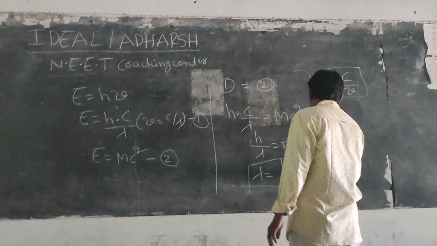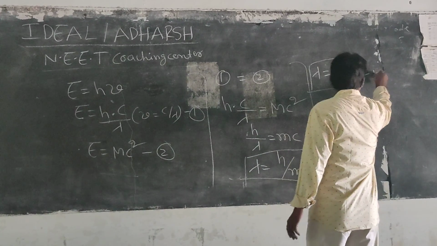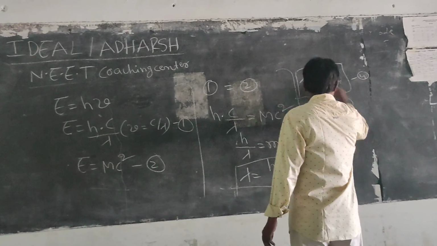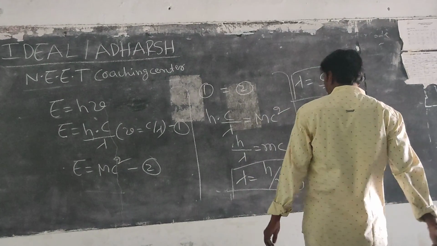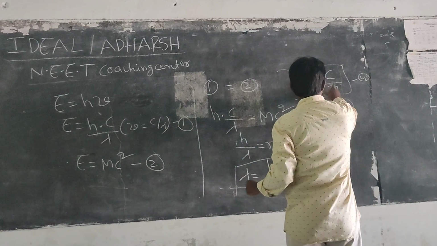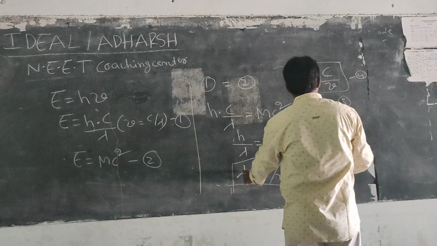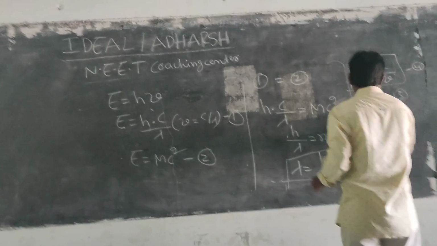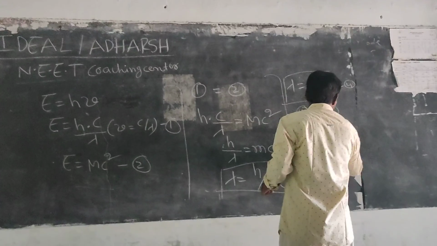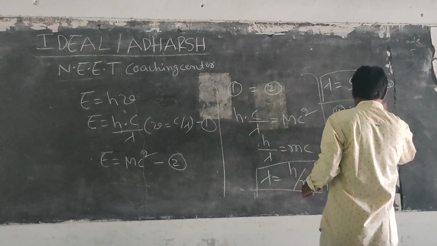So this is, for example, equation 3. This is equation 4. Equation 4 in 3. That means both are lambda only. Instead of lambda we apply c by nu equal to h by mc.